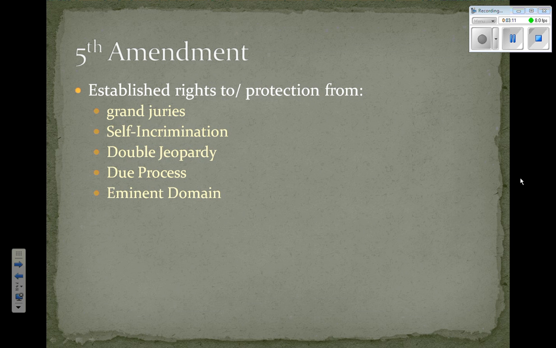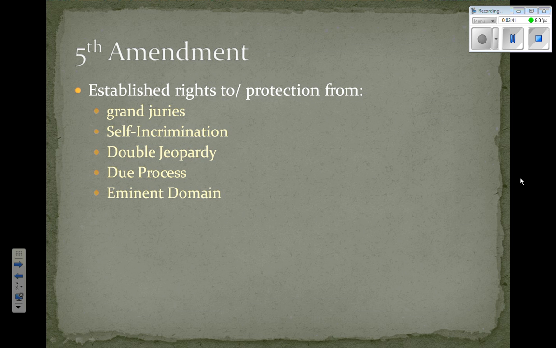Now, I'm going to go through these step by step, but the self-incrimination, we're going to go over in much more detail in a few moments. In essence, when you go to court, you do not have to incriminate yourself. A good way to say that is that if you're in court and the attorney asks you, did you do it, you can plead the Fifth.